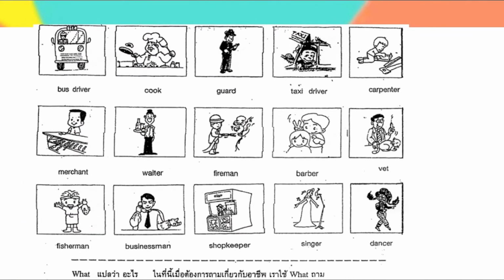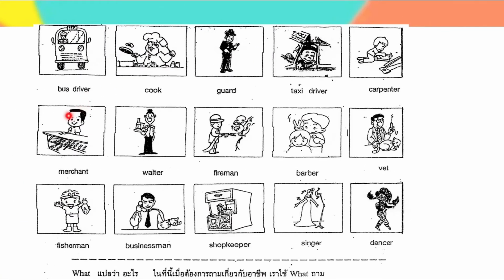Next, page 3. Bus driver, cook, guard, taxi driver, carpenter, merchant, waiter, fireman, barber, vet, fisherman, businessman, shopkeeper, singer, and dancer.